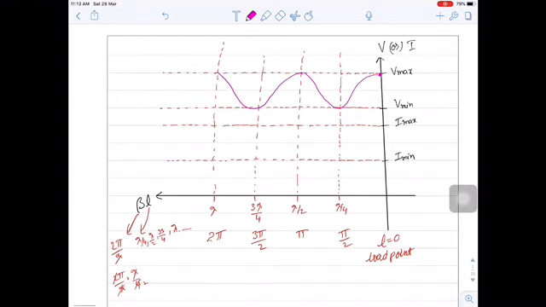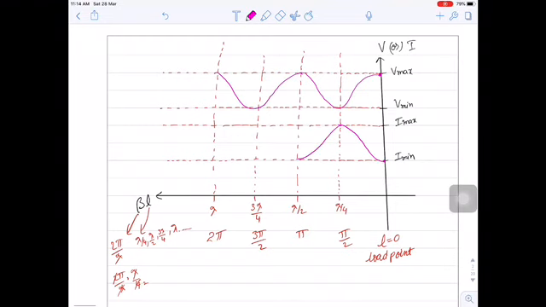Since the voltage is in an increasing fashion, the current will be in a decreasing fashion. If you travel from distance L equal to 0 to lambda by 4, the corresponding current points will be I minimum to I maximum. Again from lambda by 4 to lambda by 2, the current will be in a decreasing fashion.